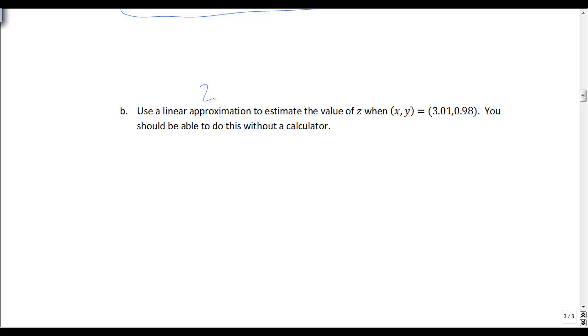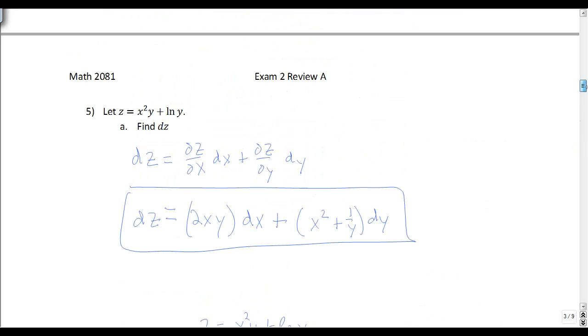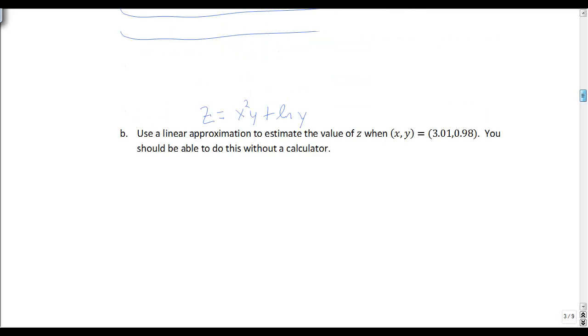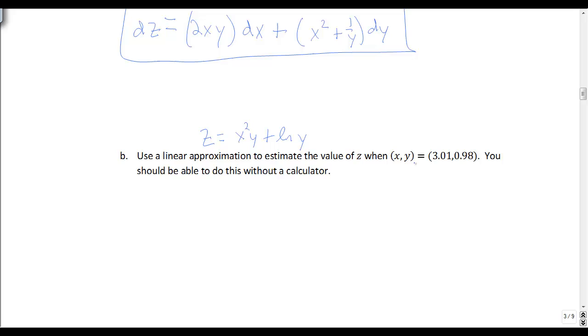So again, I'm just going to write down the function we had: z equals x squared y plus natural log y. I'm doing that from memory, let me make sure that's right. Yep. And what we had was this dz here. When we look at this, what I look at is x, y here. This is 3 plus 0.01, and then y is 1 minus 0.02.